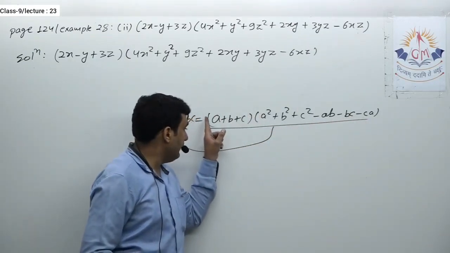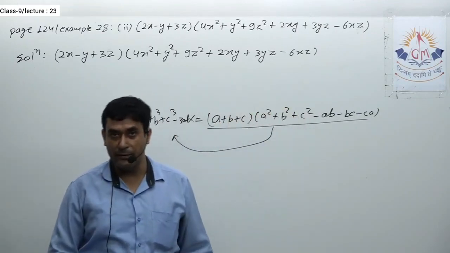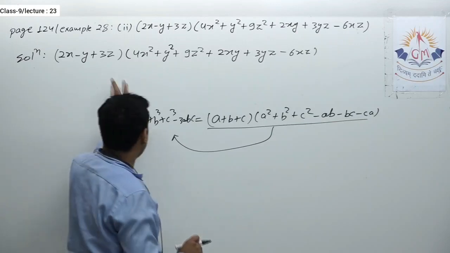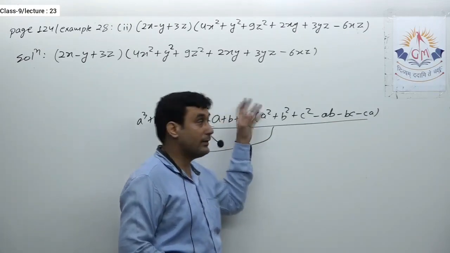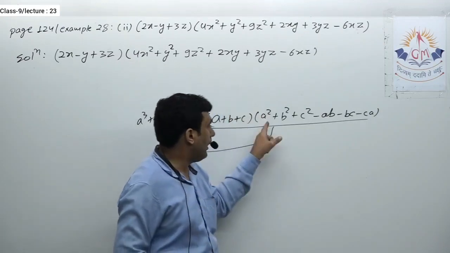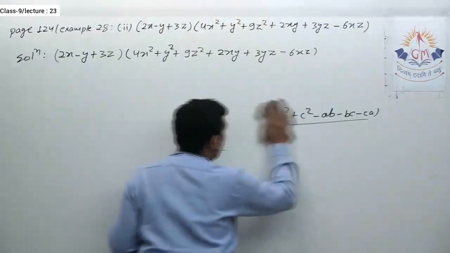But if all these terms fit in this identity, we'll try to write these terms in this form, that means a plus b plus c, and then we'll check whether these terms are a square plus b square plus c square minus ab minus bc minus ca or not.